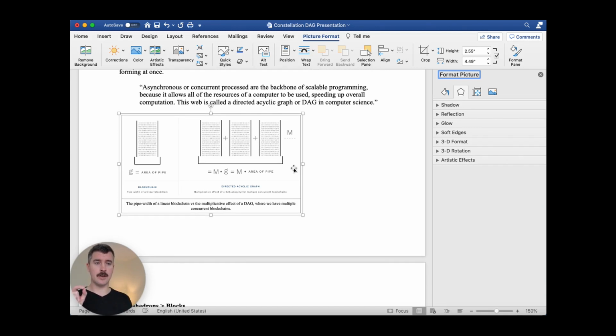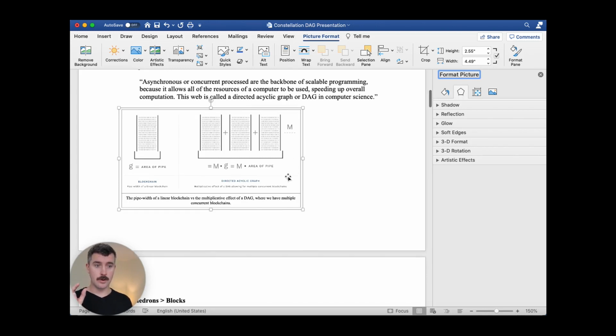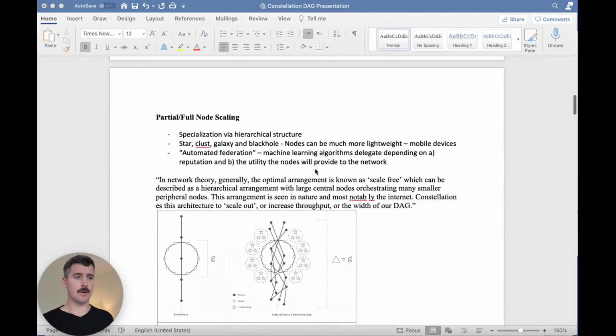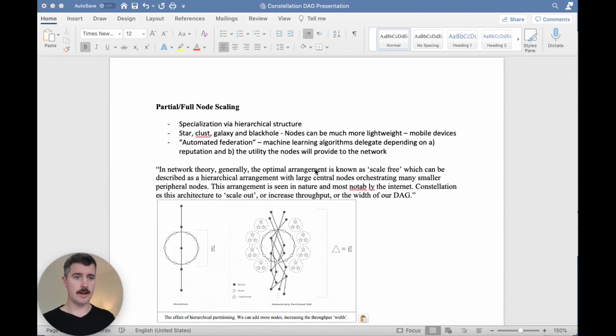By building data structures around this capacity for asynchronous consensus, you have much more efficient throughput. How do they achieve this asynchronous consensus? What they do is they devise a schema for specialization of function amongst nodes.